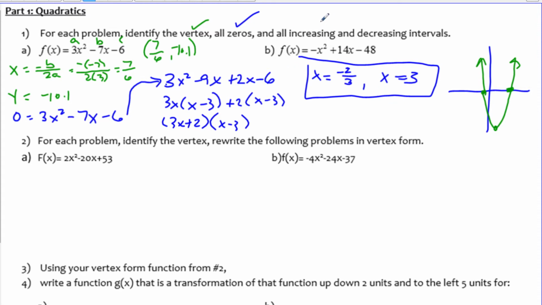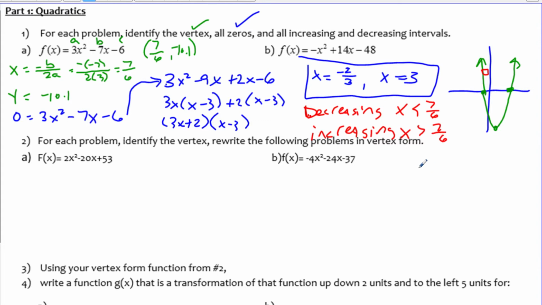So when they're talking about increasing and decreasing intervals, the way I always think about this is pretend you're in a little roller coaster traveling down this parabola. In this case, you're traveling downhill until you get to 7/6, and then you're traveling uphill on the other side of 7/6. So I would say that this is decreasing when x is less than 7/6, and this is increasing when x is greater than 7/6.